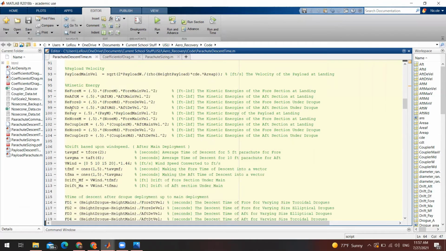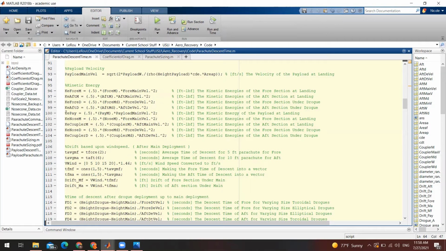Now we have to calculate all of our kinetic energies. The kinetic energy is pretty easy to calculate. It's just 1/2 times the mass times the main velocity squared. We had to calculate the kinetic energy of every single section. So we have the fore section and aft section, and then the fore and aft under drogue, and then the payload and nose cone and coupler, and then nose cone and coupler under drogue.